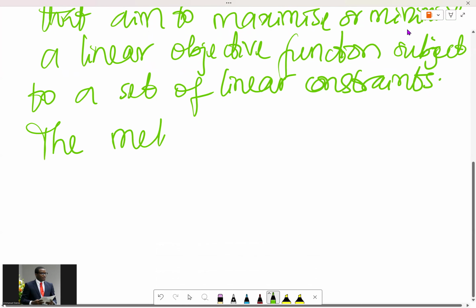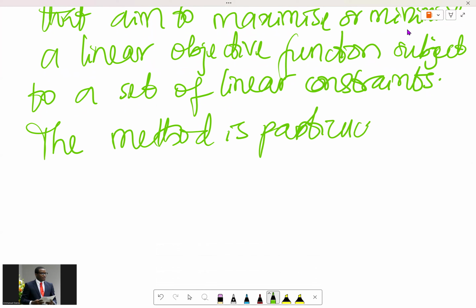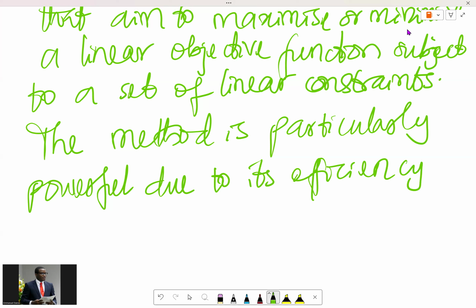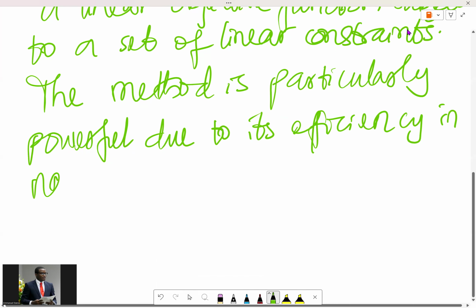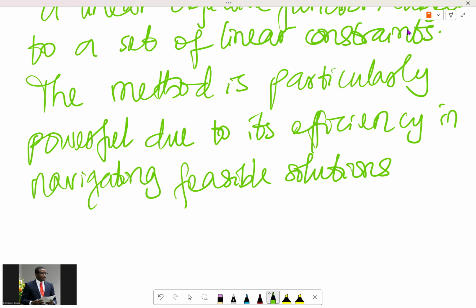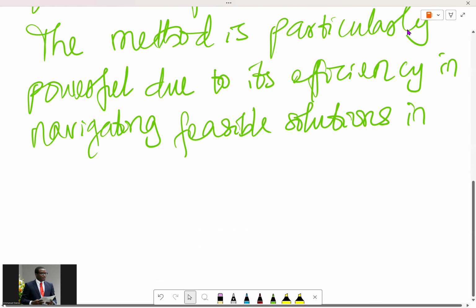The method is particularly powerful due to its efficiency in navigating feasible solutions in high dimensional spaces.